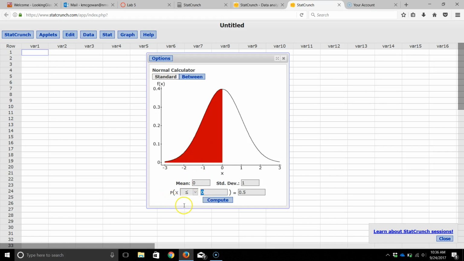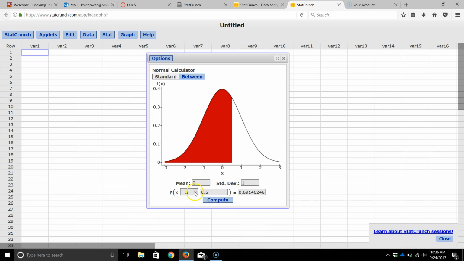Let's calculate the area to the left of the boundary value 0.5 first. I can hit enter after entering here or click compute.